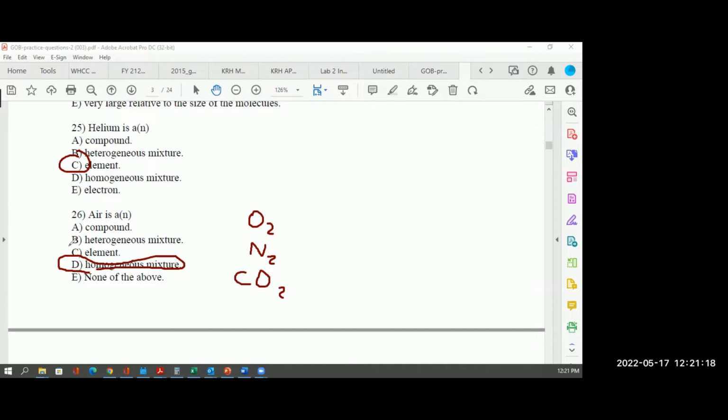So hetero means different, so they're different when they're inside of each other. Like if we put salt and pepper together, that would be heterogeneous. And if I put salt and sugar together, that's going to be homogeneous, because it looks exactly the same.